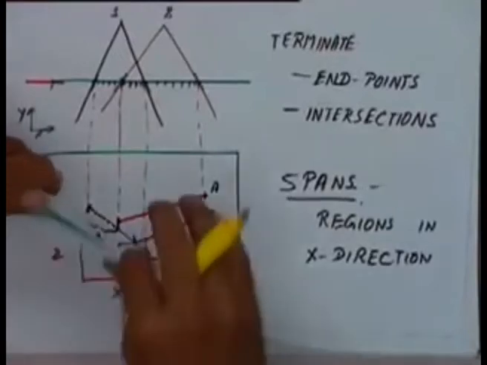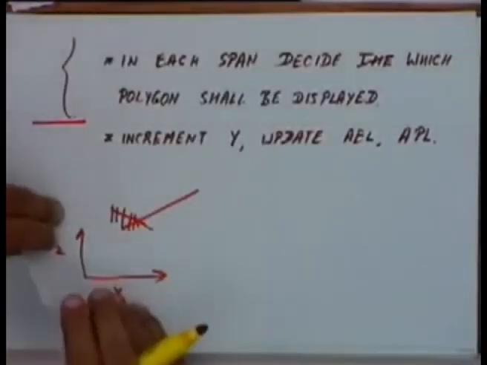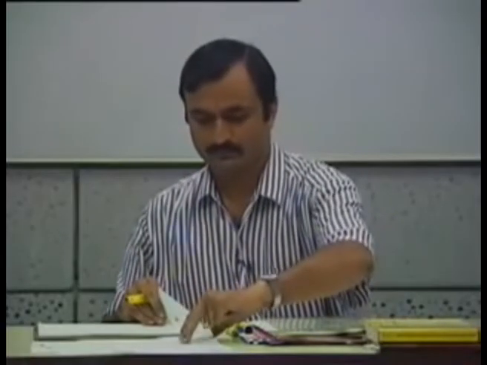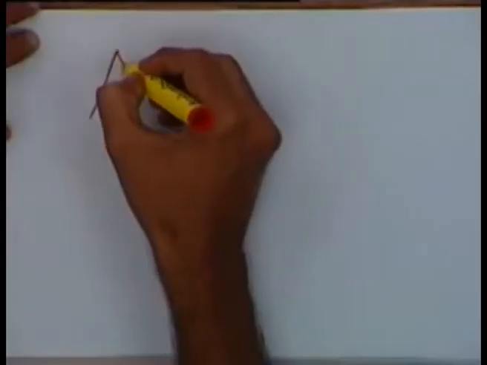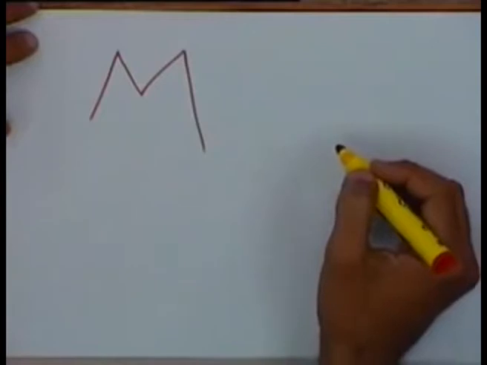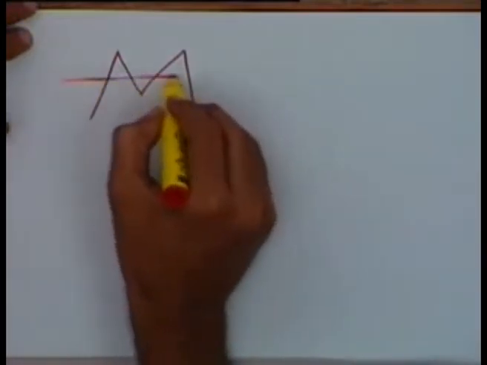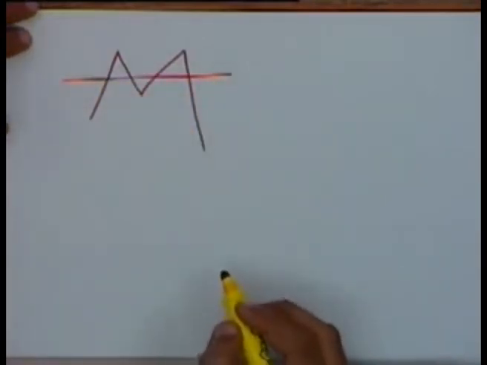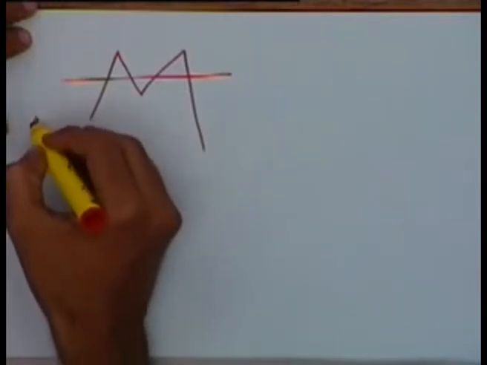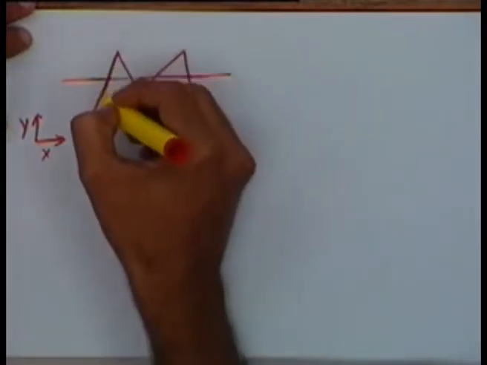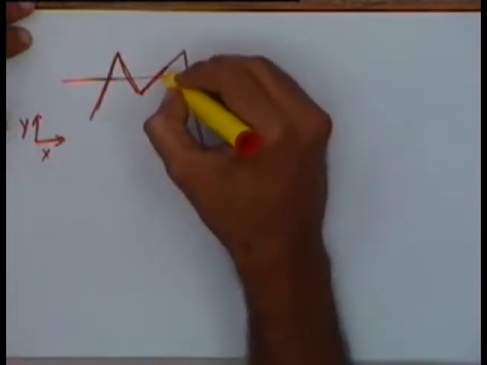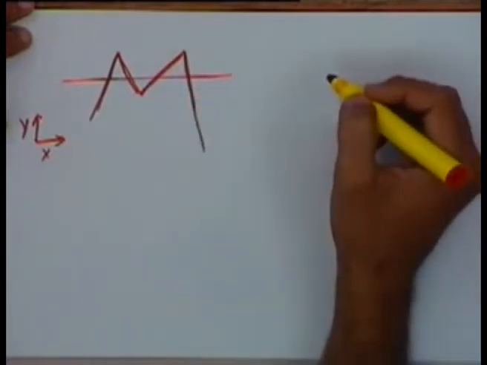Let's say I have a polygon like this and a scan line like this. Now I am talking in the xy plane. My active edge list will contain this edge, this edge, this edge, and this edge.